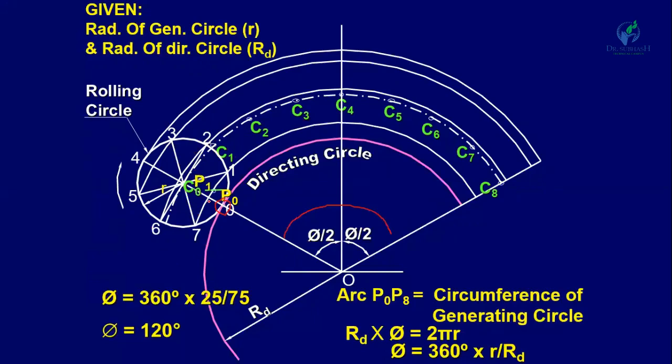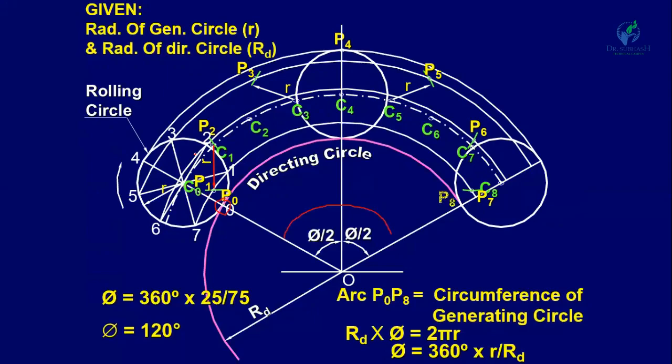Similarly, with C2 as a center, you will get point P2 here. Similarly, point P3, P4, P5, P6, P7 and P8. Now join all these points by a smooth curve.